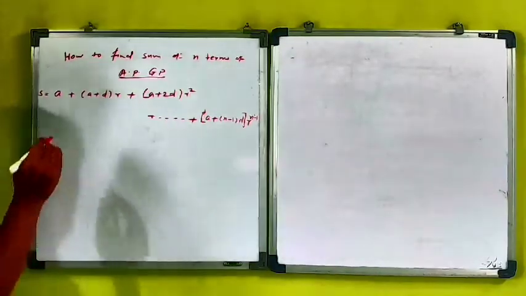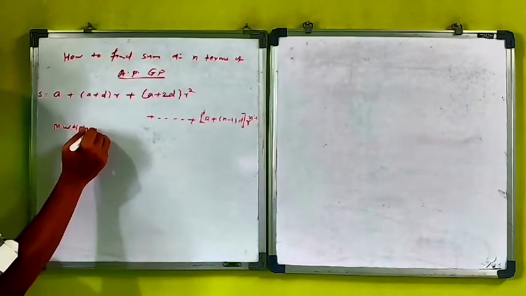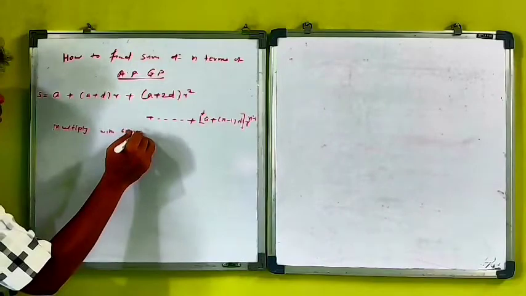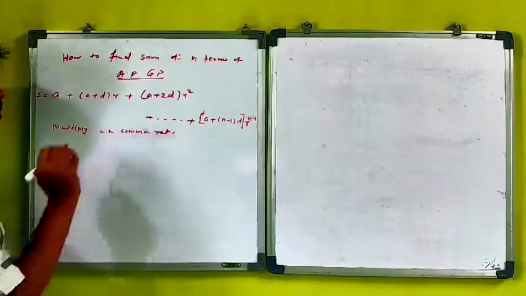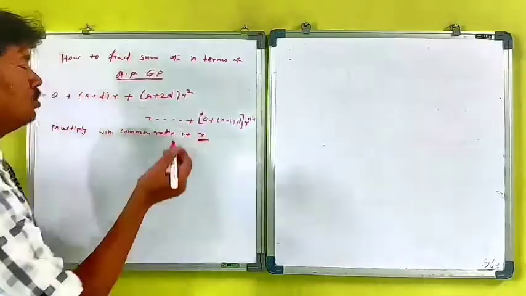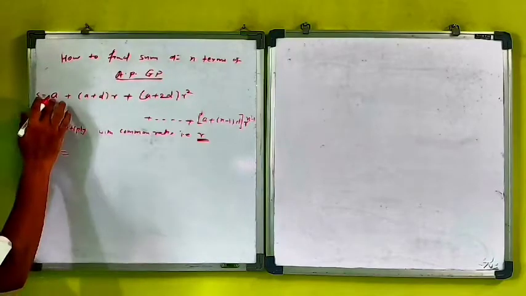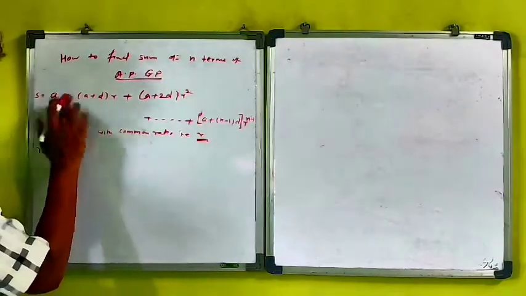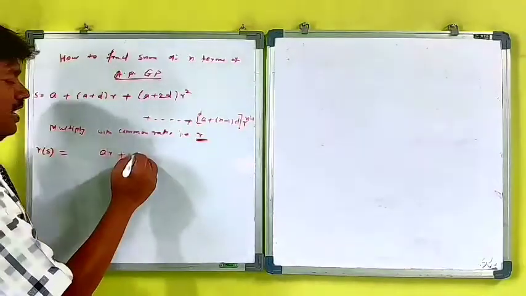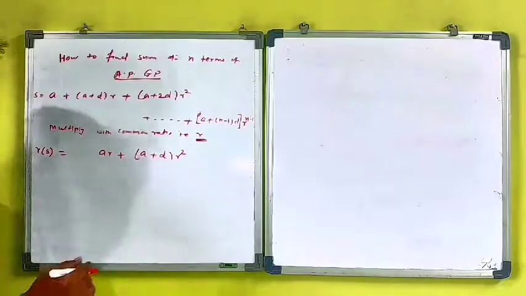The first step is to multiply by the common ratio. What is the common ratio? That is r. So throughout you have to multiply by the common ratio, r into S. That means you start writing ar. The next term will be (a plus d) r square, like this.